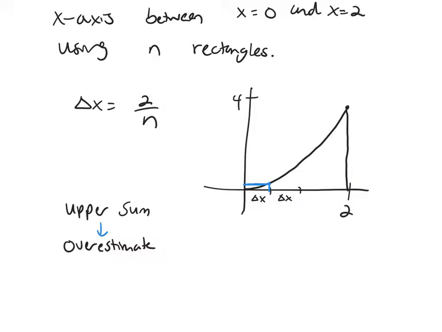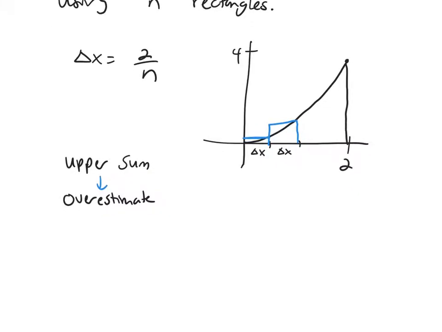So here, if I go with the right endpoint, again, my rectangles will go above the graph. And so here, if I'm looking for an upper sum, I want an overestimate. So in this particular case, to get an overestimate, we need to use the right endpoints.